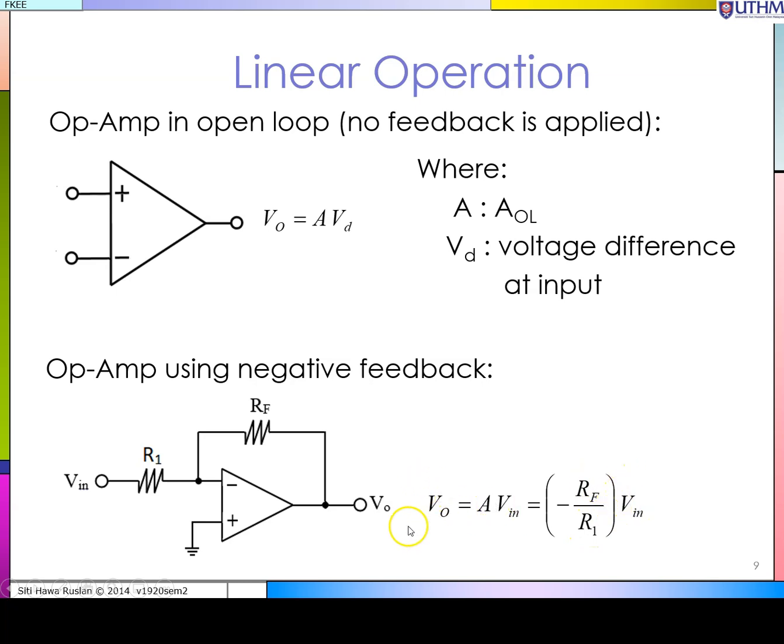If you look over here, your output voltage depends on the ratio of RF over R1. So we are using a negative feedback to control the overall gain of this circuit. This is the second advantage of having a negative feedback. You can control the gain.